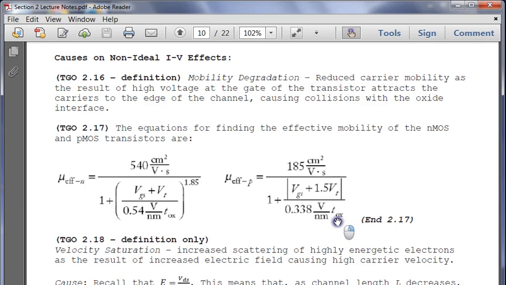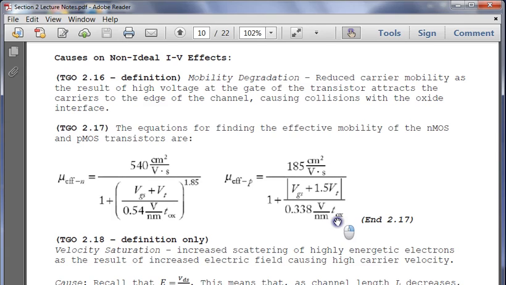So now we are relating the effective mobility of the electrons and holes to the threshold voltage, the oxide thickness, and the gate-source voltage. As you're getting down to 22 nanometers and 14 nanometers, the thickness of your oxide impacts everything, your transistor length impacts everything, and the voltages you're using at those different sizes impact everything.